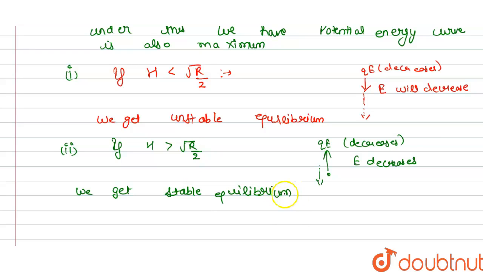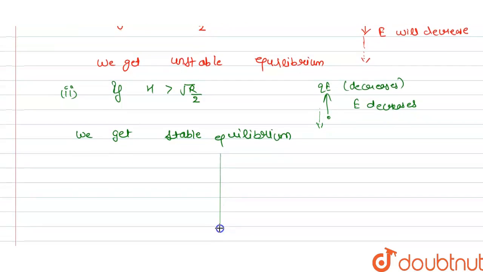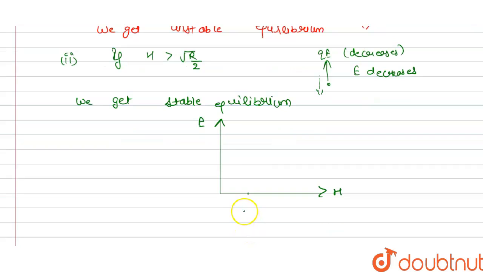Now we can draw the curve for E and h. So our curve is something like this. In this y-axis we have E, and in the x-axis we have h. We have to mark points here: when h is less than r divided by root 2, that is our first condition, where unstable equilibrium will be there.